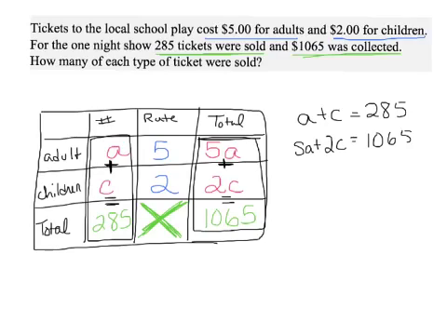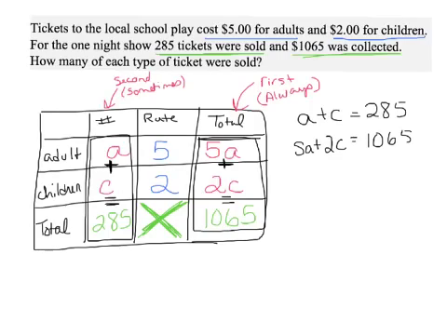So when you're setting up the equations, the equation you will always use will be from this last column, and if you need the second equation, sometimes you use it from this first column.